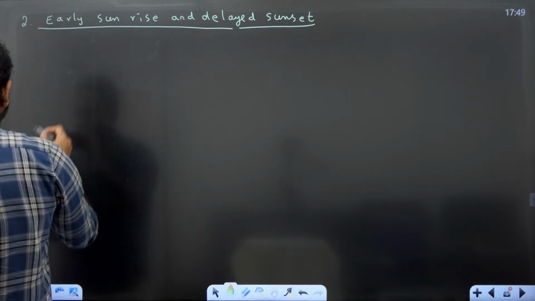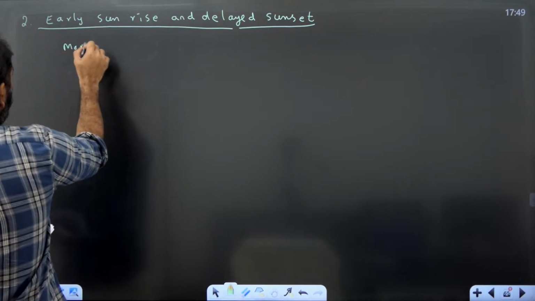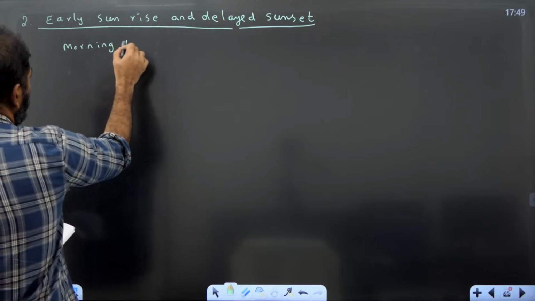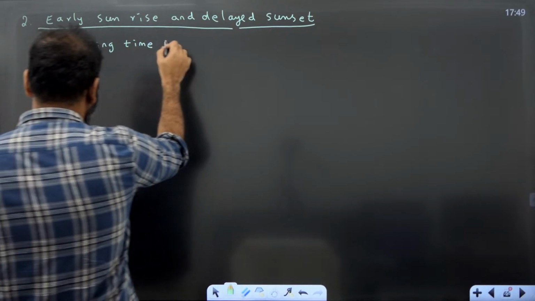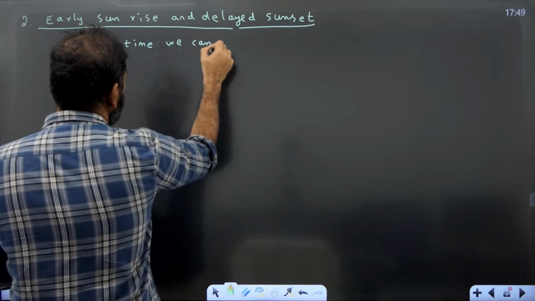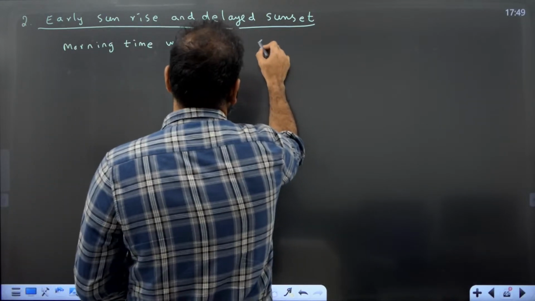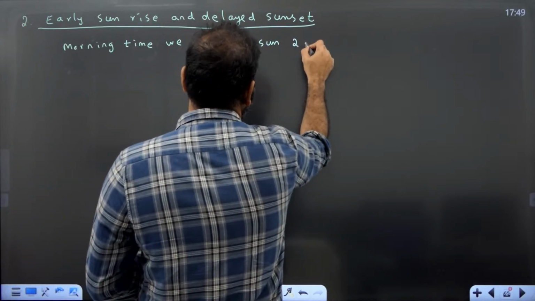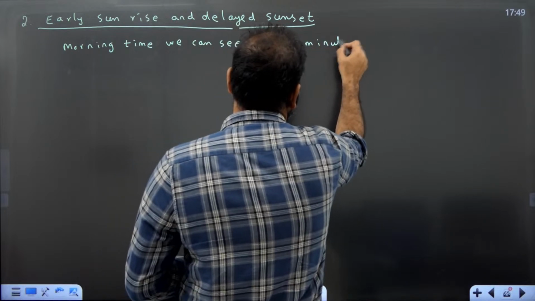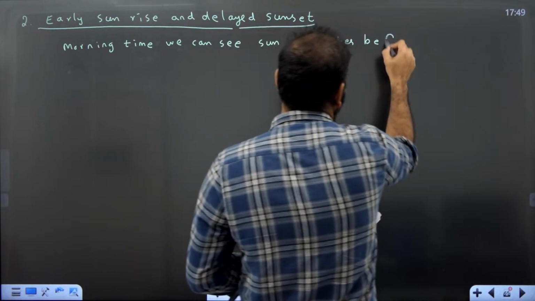See, in morning time, we can see sun 2 minutes before actual sunrise.